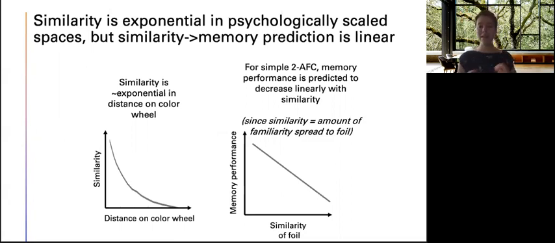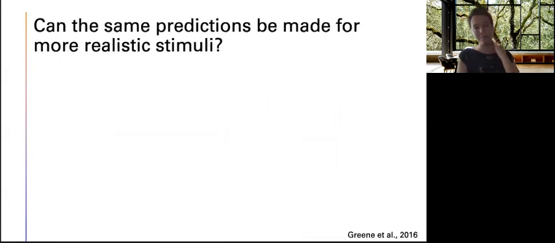So in simple tasks, like a two alternative forced choice task, TCC predicts that there is an approximately linear relationship between memory performance, which can be measured by signal detection theory's d prime, as a function of the similarity of the foil to the target in memory for low-level feature domains.